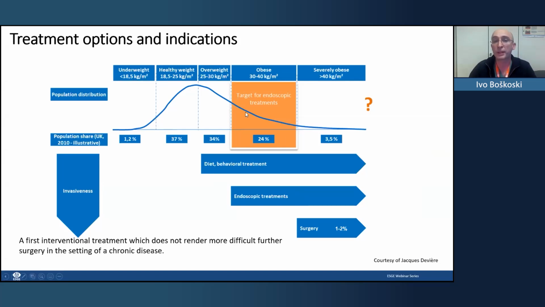Of course, this is our best target of patients. And patients going to surgery are less than 2%, with sleeve gastrectomy or bypass or SADI-S or other treatments. Also here, there are some indications, but this is not the topic of this talk this evening.